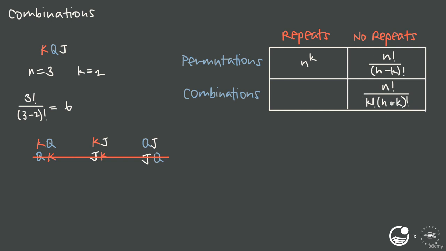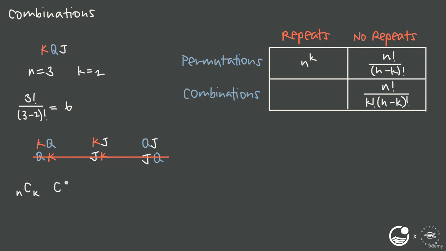This formula specifically, this combinations with no repeats formula, is so important. We use it so often that we give it a special name. We call it the binomial coefficient. And you'll see it written many ways. You'll often see n choose k, the combinations we can make from n items when we choose k of them.